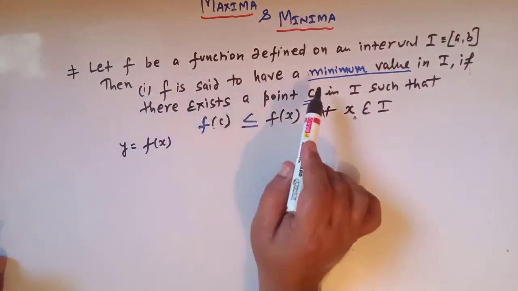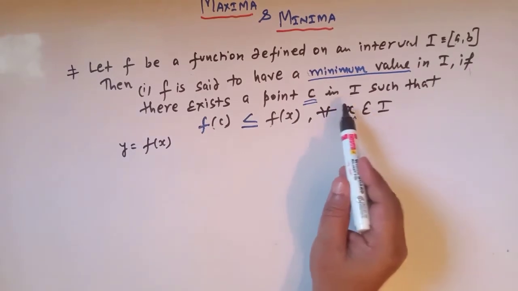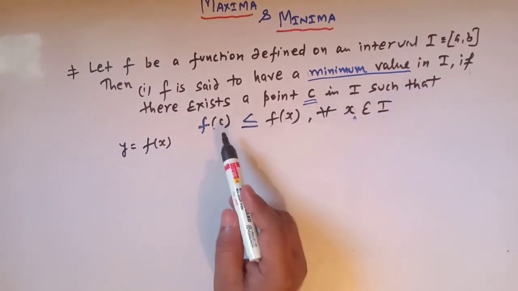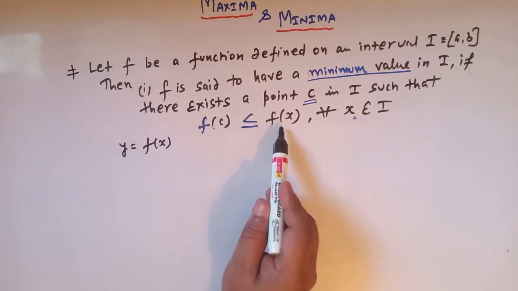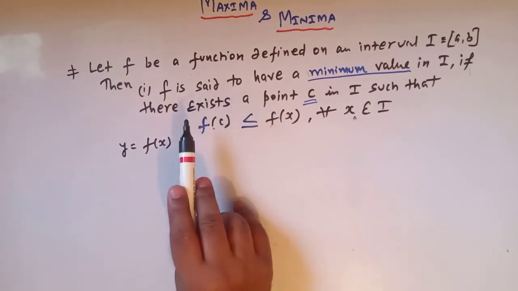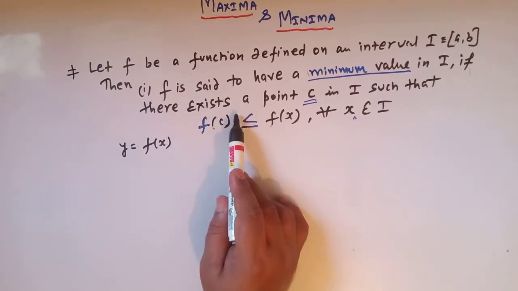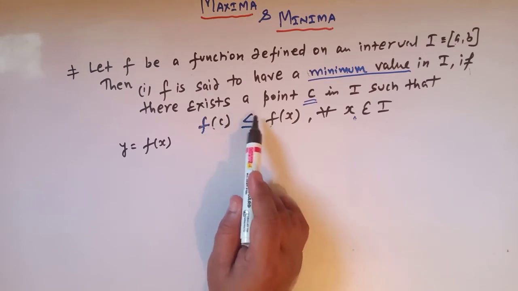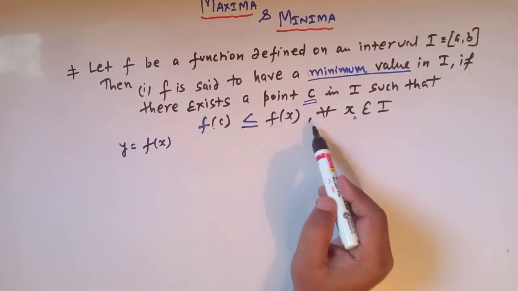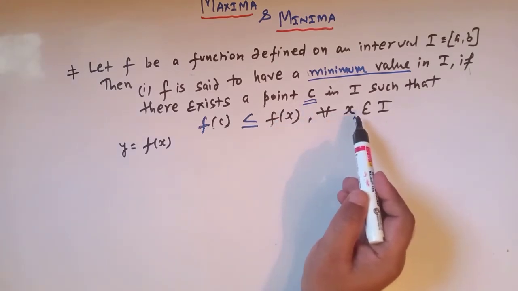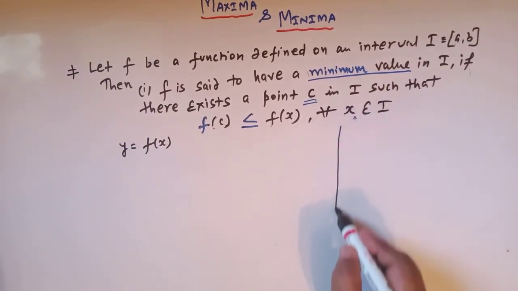Then f is said to have a minimum value in I if there exists a point C in I such that f of c is less than or equal to f of x for all x belonging to I. In the case of maxima, the inequality sign is reversed here.